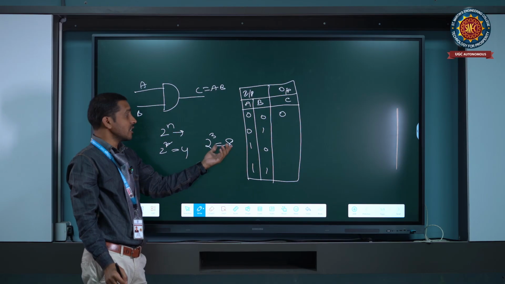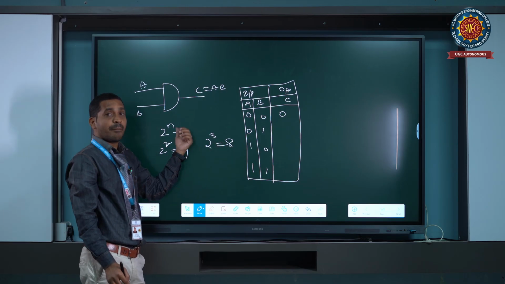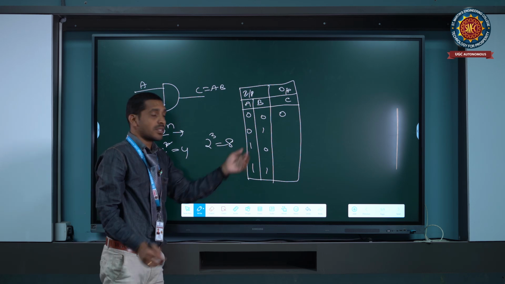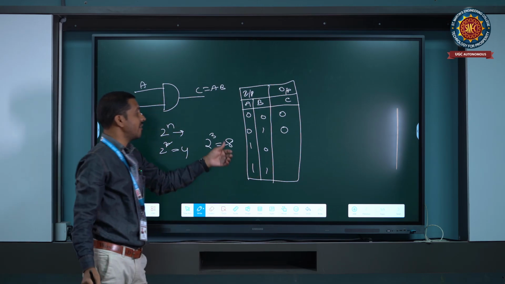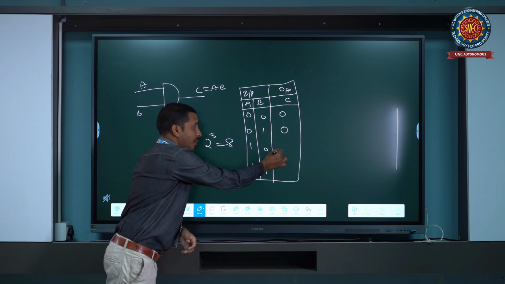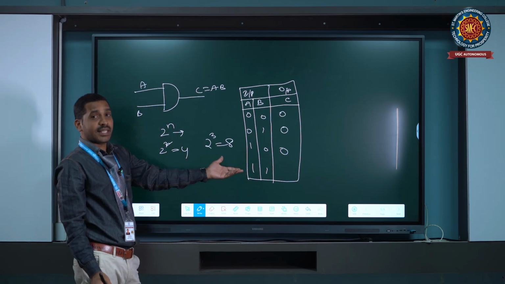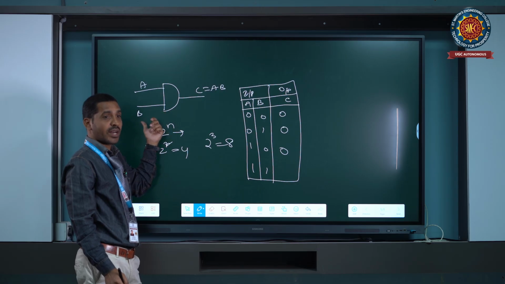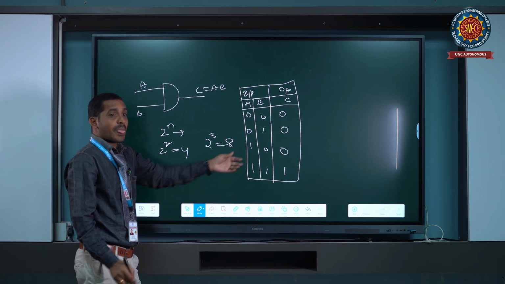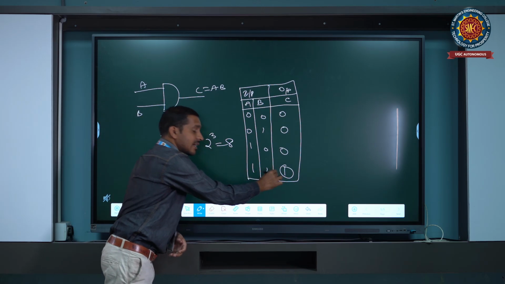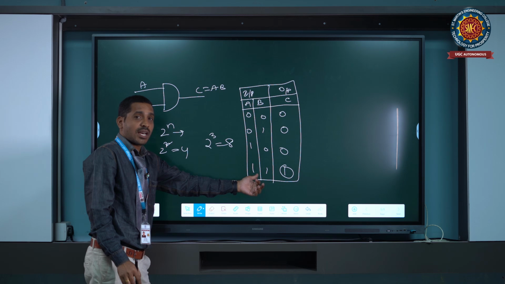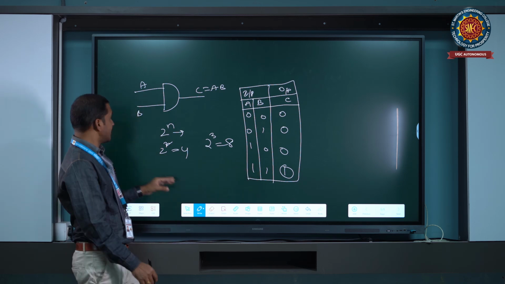For A is 0, B is 1, 0 into 1 produces 0, so the output is 0. For A is 1, B is 0, the output is 0. When both inputs are high, A is 1 and B is 1, the output is 1. So in the truth table of the AND gate, the output is 1 only if both inputs are 1.